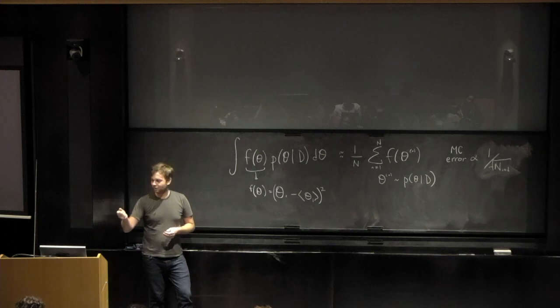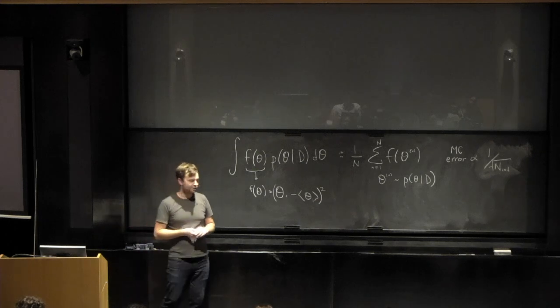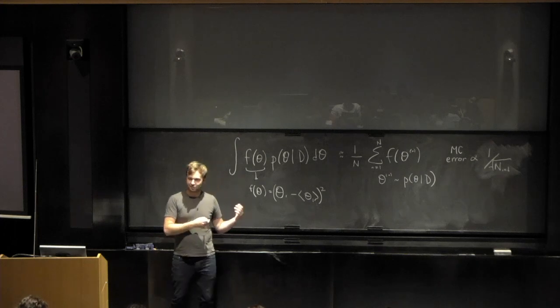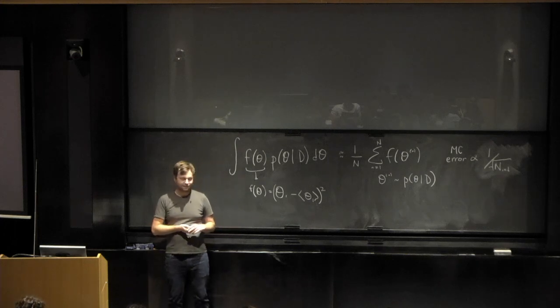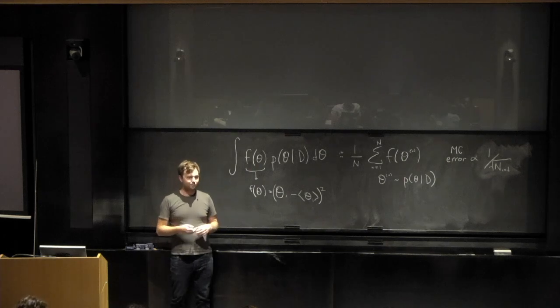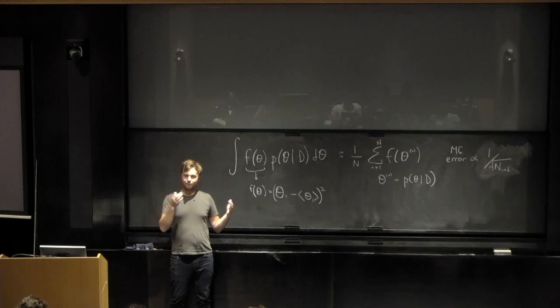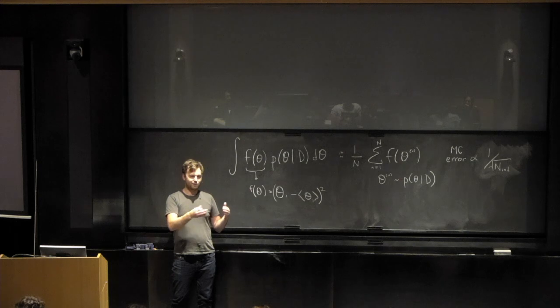Adam asked me to mention the word credible interval or credible region. That would be another integral that you could do using samples like this. And there, what you're looking at is what parts of parameter space are within a certain amount of probability.